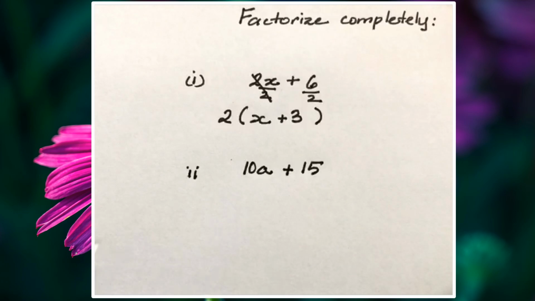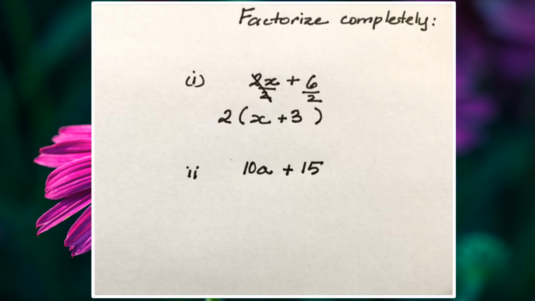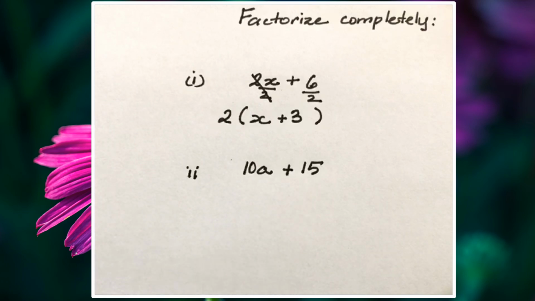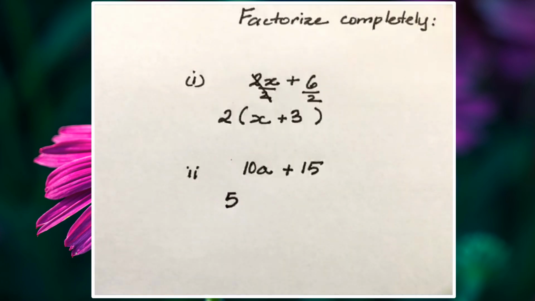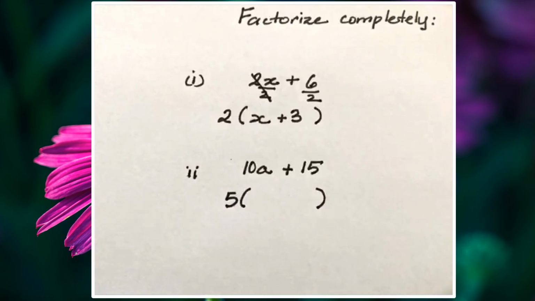The two terms we're looking at are 10a and 15. What can go into 10a and 15 without leaving a remainder? 5 can go into 10a and 5 can also go into 15. So 5 will be the highest common factor that I'm going to pull out. When I pull it out, I'm going to create brackets.